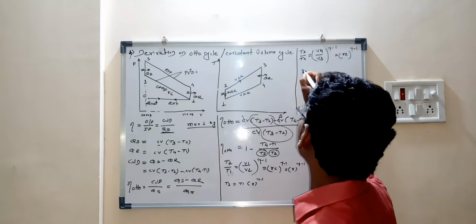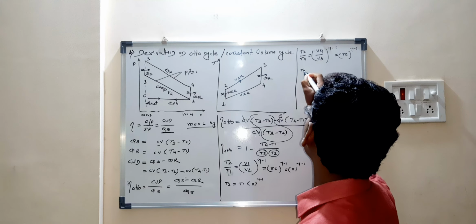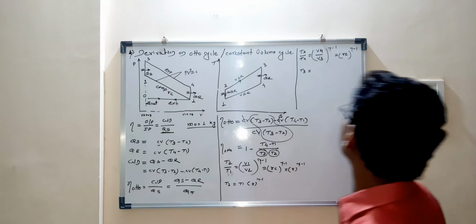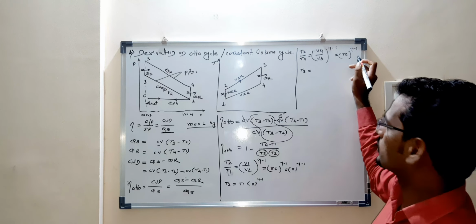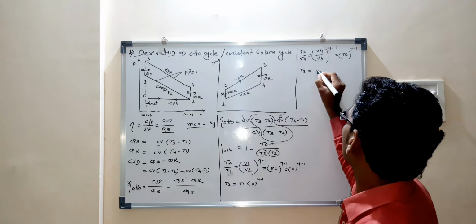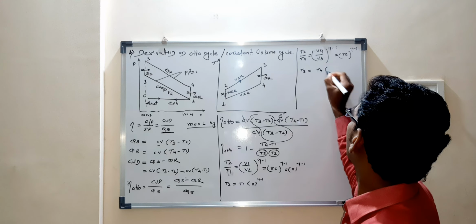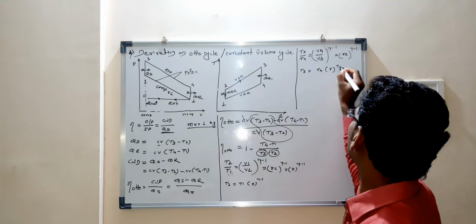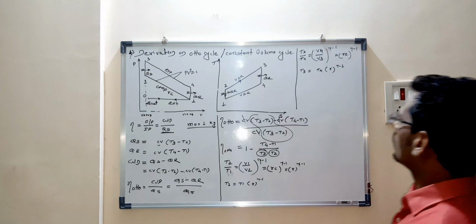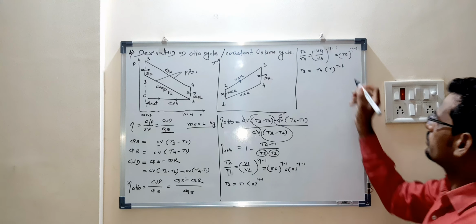So I can write T3 is equal to T4 R raised to the power gamma minus 1.